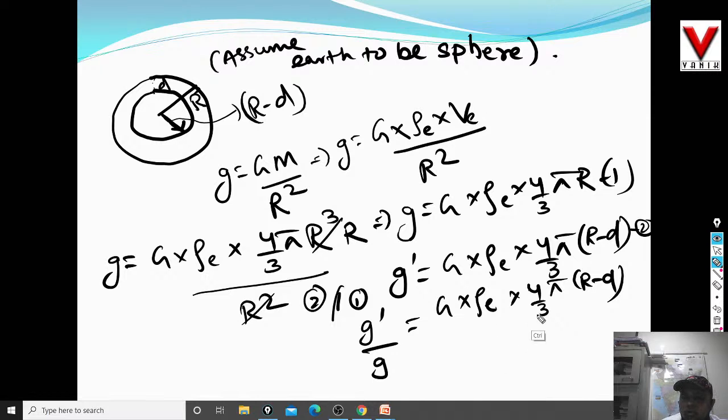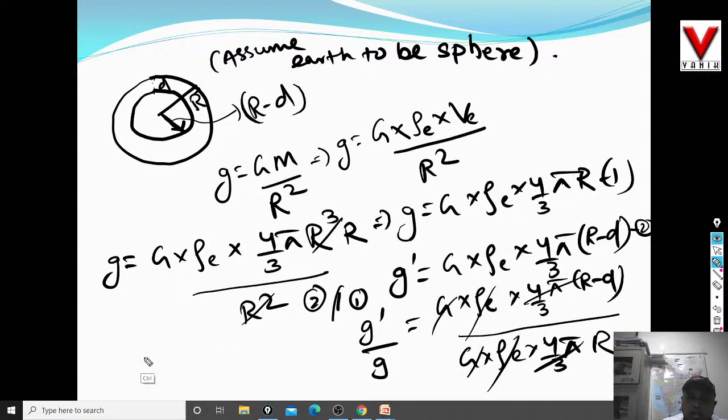This is divided by capital G into rho e into 4 by 3 pi into r. So G will get cancelled, density cancels, 4 by 3 pi cancels. So I can write g dash by g as (r minus d) divided by r.